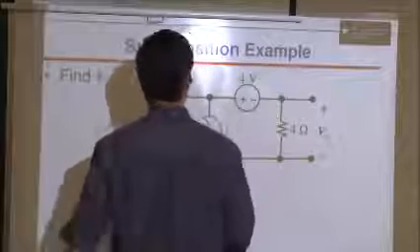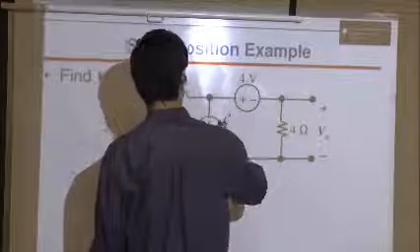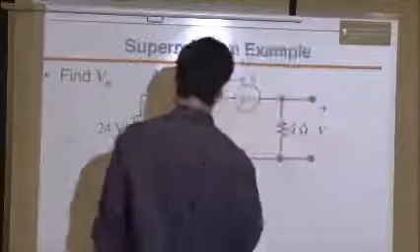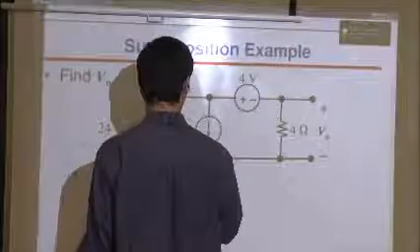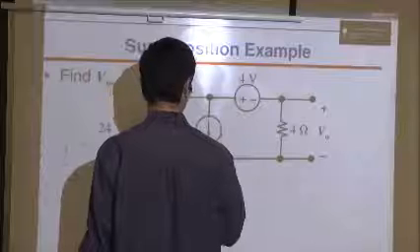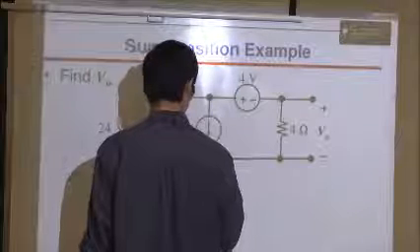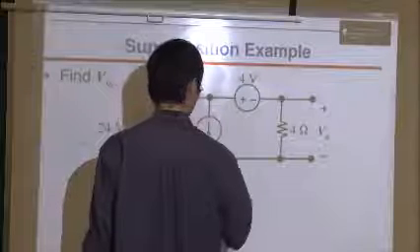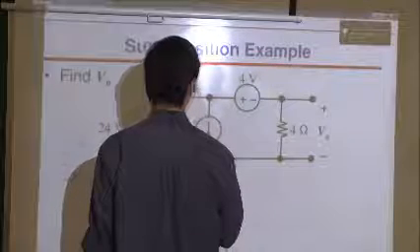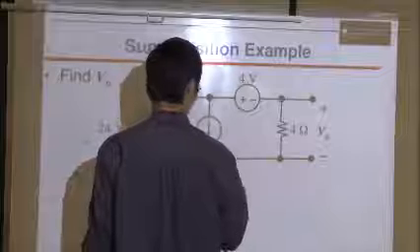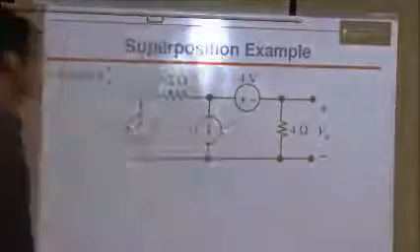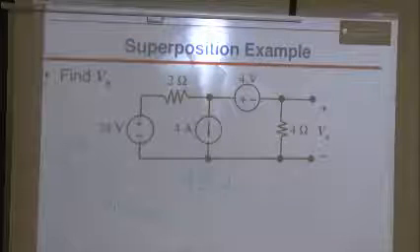The second case is where you leave the current source and short the voltage source. So what you have is VO, this is 2 ohm, this is 4 ohm, this is 4 amp.